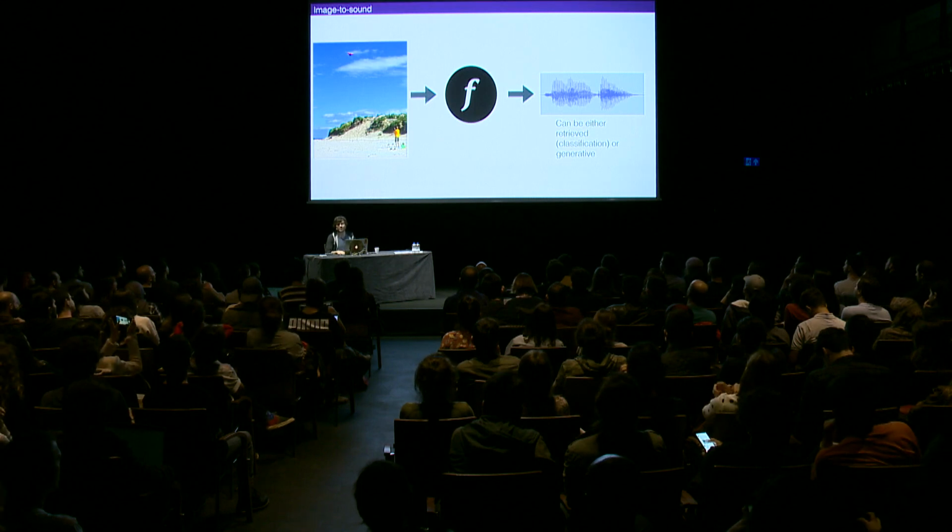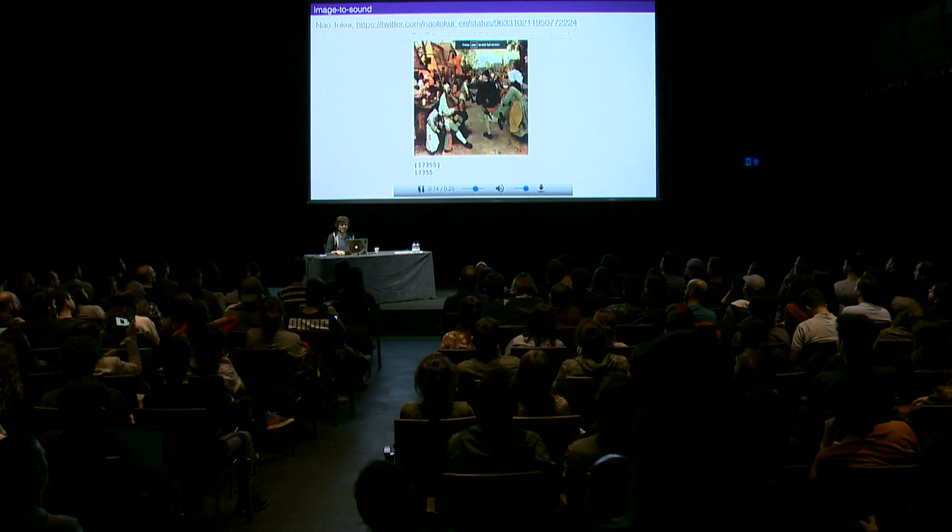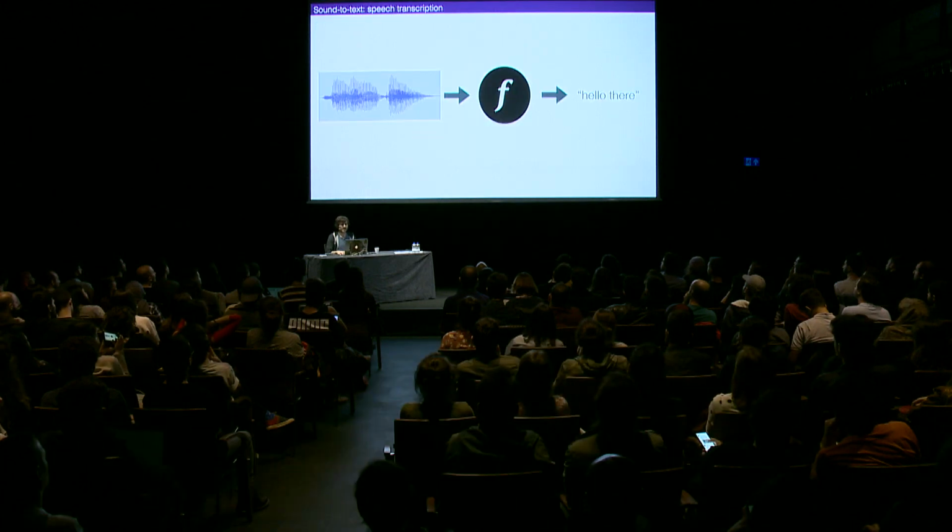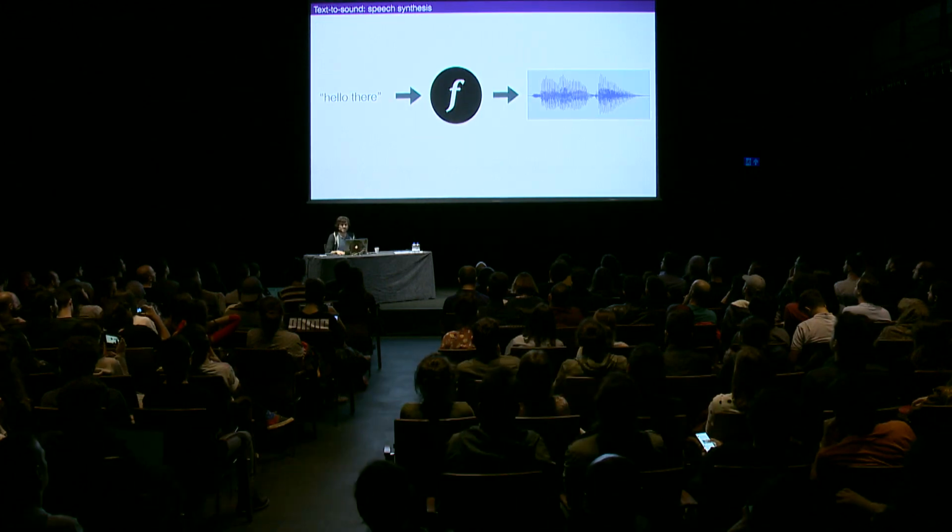Image to sound. There are all sorts of combinations that you can create. I want to keep going here. Speech transcription, speech synthesis, taking text and creating audio from it. We've been able to do this for a long time, but using handcrafted algorithms that modeled vocal cords and then ran an expensive physical simulation to create audio that's saying something.